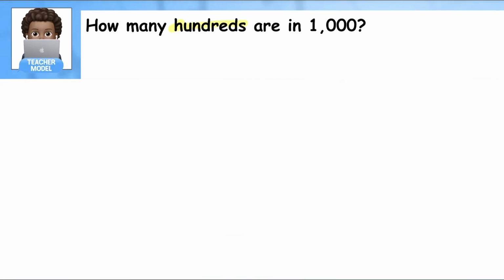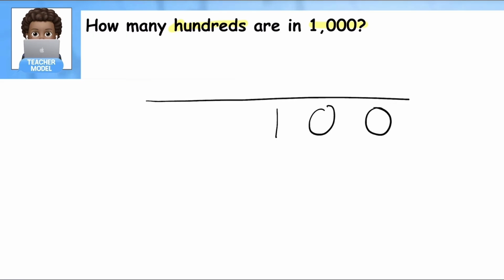How many hundreds are in 1,000? So if I were to do another comparison and I'm looking at 100, and now I'm going to look at 1,000. What happens? What's that transition between here and here? Well, it has one extra zero in there. So that means it's 10 times more.